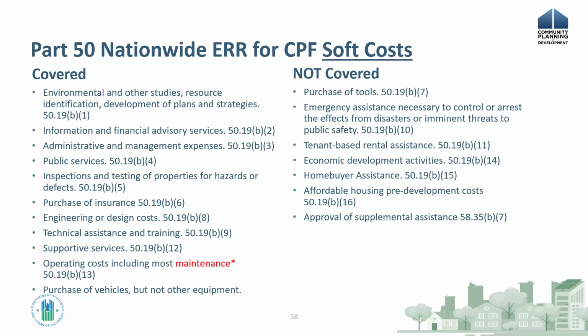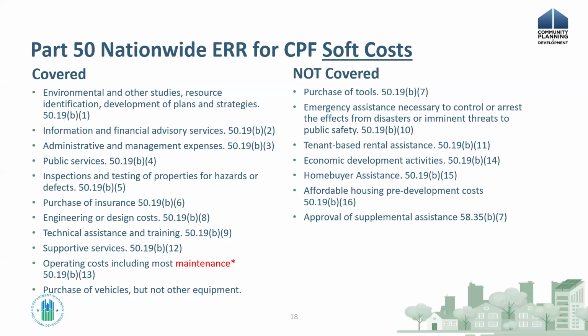The costs that are not covered would require a separate environmental review, which again can be done pretty quickly, separate from the larger environmental review considering the whole project, but it still needs to be put in place by the responsible entity.